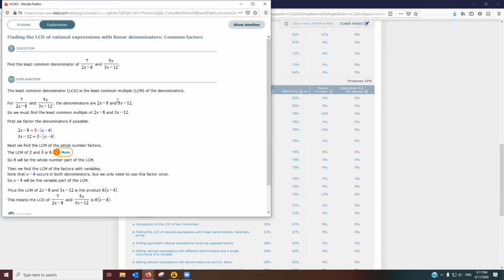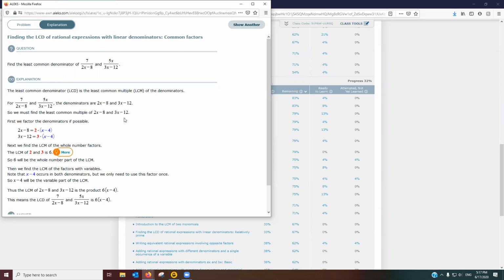These explanations are going to show us the exact steps that we need to work through these problems. All right, well, all they're asking us here is to find the least common denominator. So they want us to look at these two denominators and find the least common multiple.